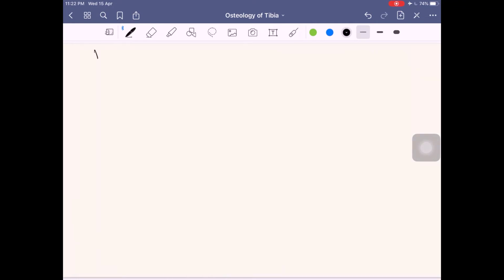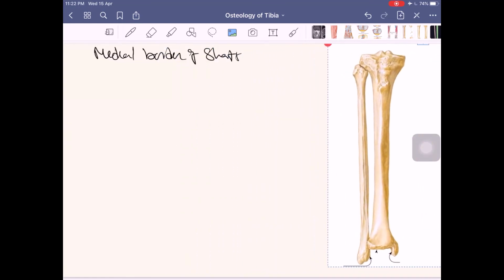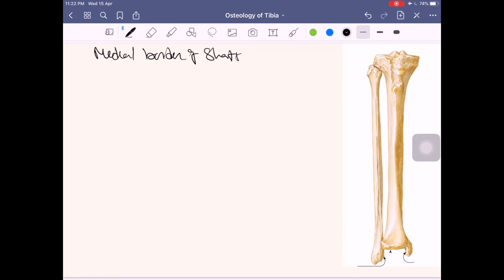Next we look at the medial border, the medial border of the shaft. The fibula is here, so this is the lateral side and this is the medial side. The extent of this border is from the medial condyle of your tibia.